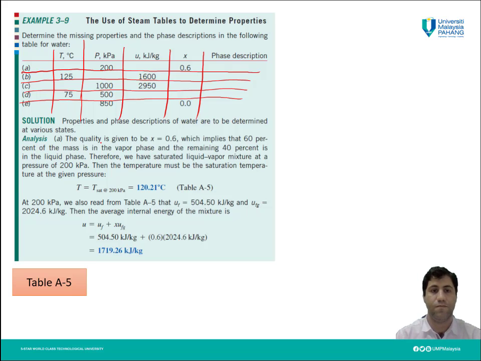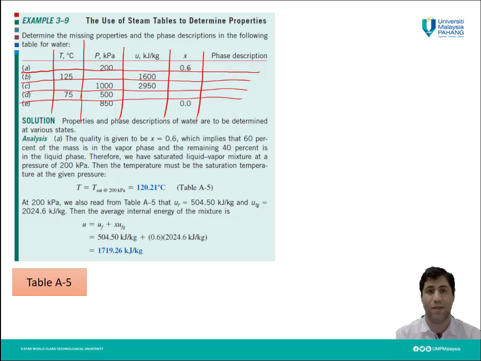For state 1, the quality is given. When we have a value for quality, like what we have here, 0.6, it means 60%. We have a saturated liquid vapor mixture, and 60% of that mixture is vapor.